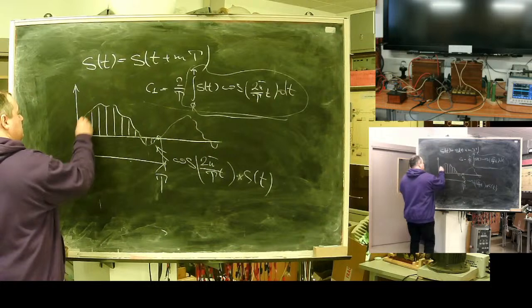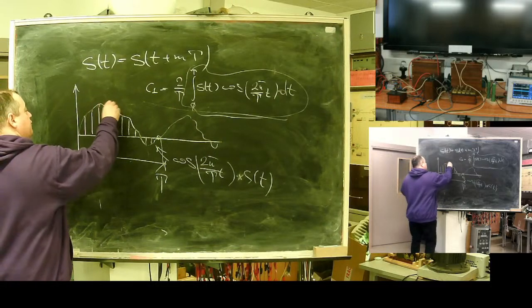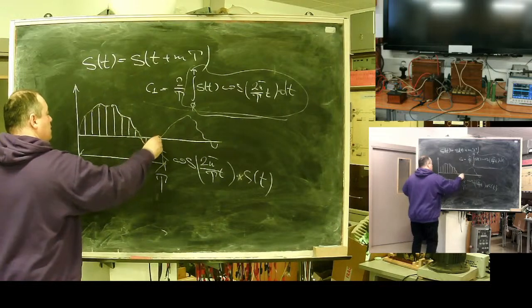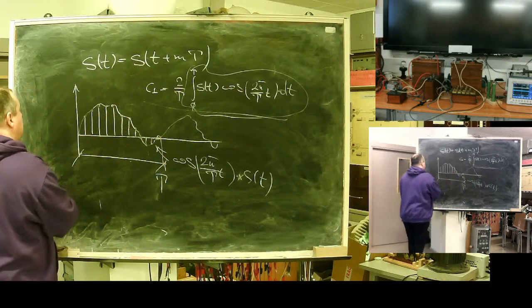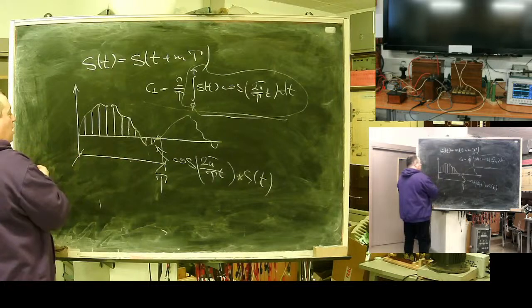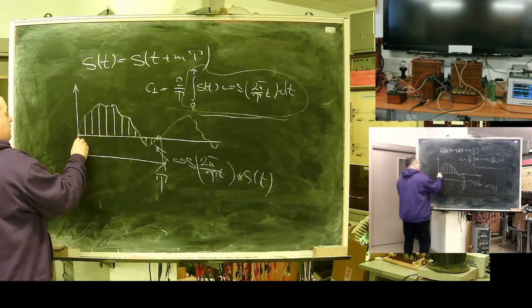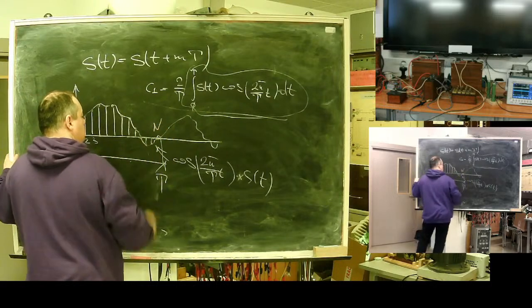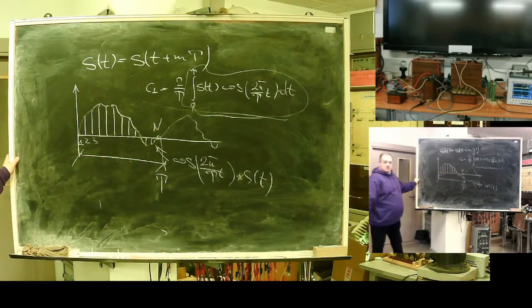This nice set of dots: for one period we have 1, 2, 3, up to n dots, n measurements, n values, n elements of the array.